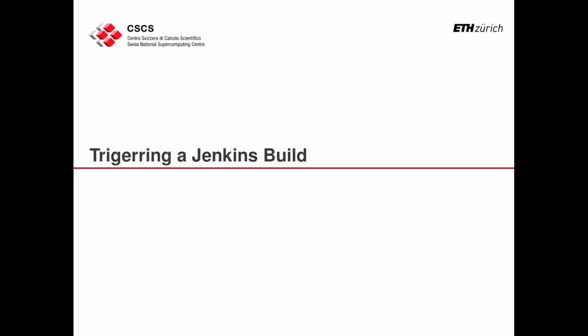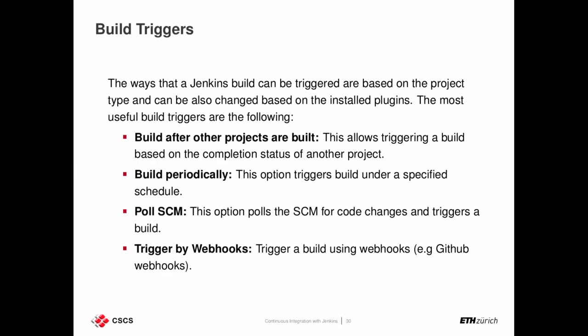So there are various ways that you can trigger a Jenkins build. So here are the most common ones. By adding extensions and plugins to Jenkins, you can have more types of build triggers, but those are the commonly used.